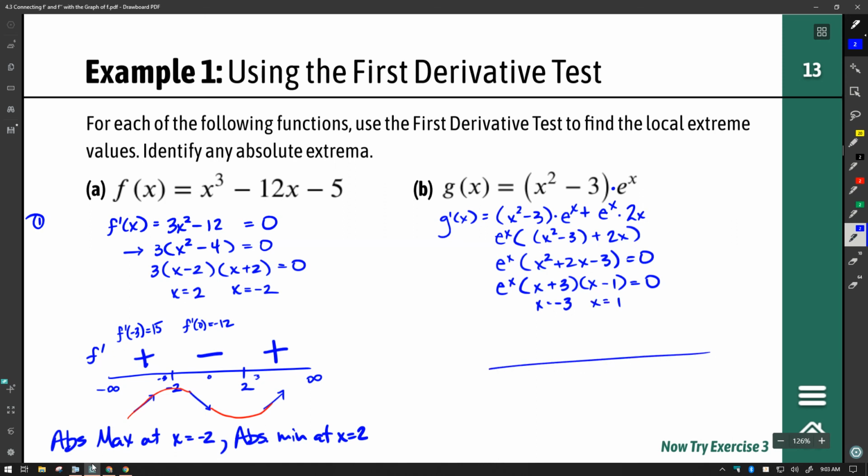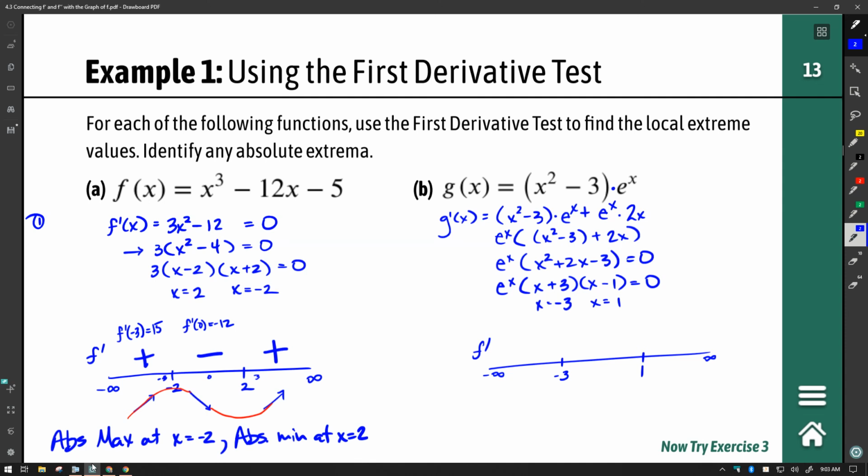Let's do our sign chart. We go from negative infinity to infinity on the x-axis. We are going to make a partition at negative 3 and another partition at 1, and we are testing the sign of g prime. So let's pick a value in the first interval. I'm going to choose negative 4.